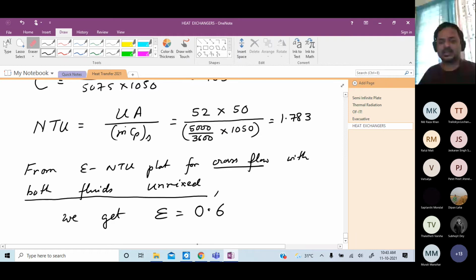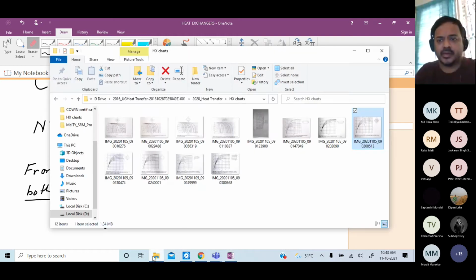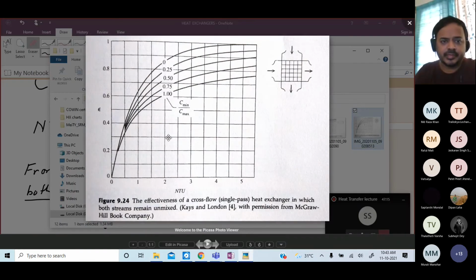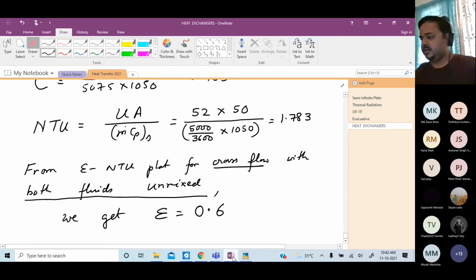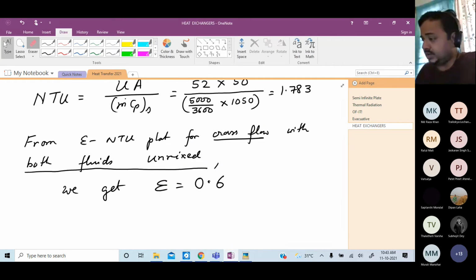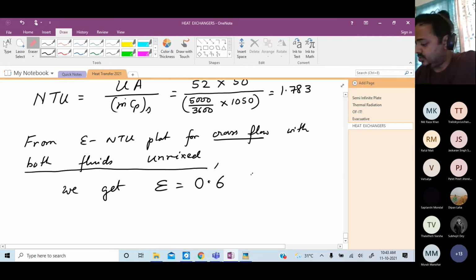Once more, we're looking at this one. If you come here, a little more than 1 and 1.78, yeah, it's about 0.6. Correct. Now, what do we have to find out? We have to find out TCE, THE, and Q. We're not done yet. Epsilon equal to 0.6. Then write a note, need a bit of extrapolation or interpolation.